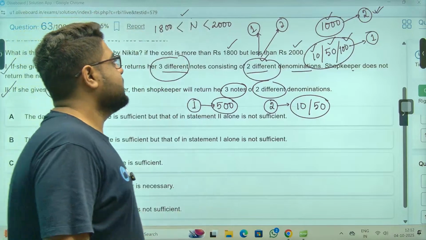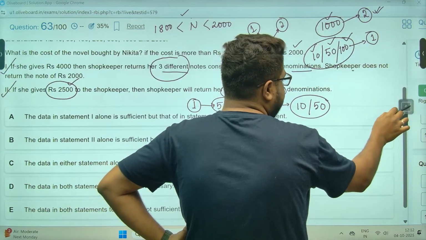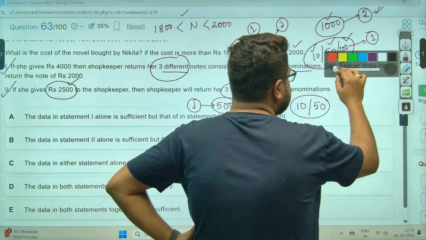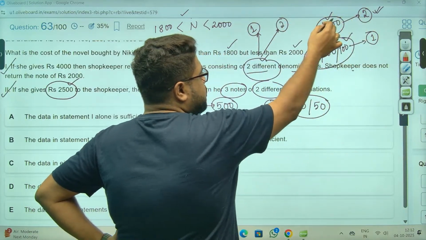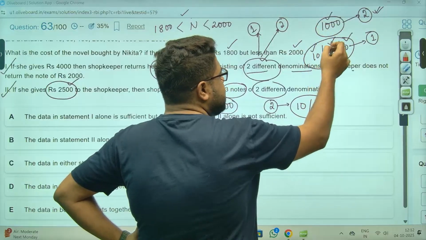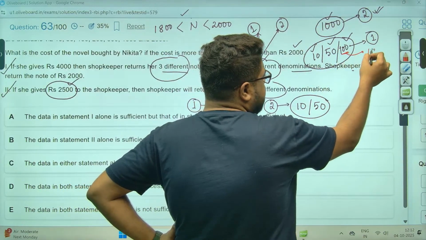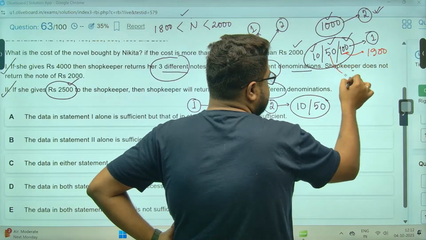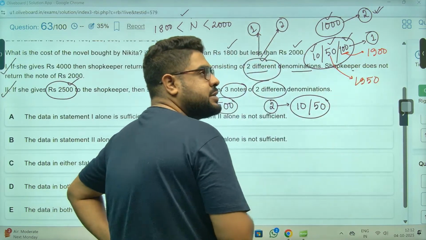Let's see, sir. Let's go situation-wise. If I take this first situation, 1000 rupee, 2 into 1000, 2000 gone, sir. Then 100 gone, sir. That means in this case the price of the novel is 1900. In this case, the price of the novel is 1950 rupees.